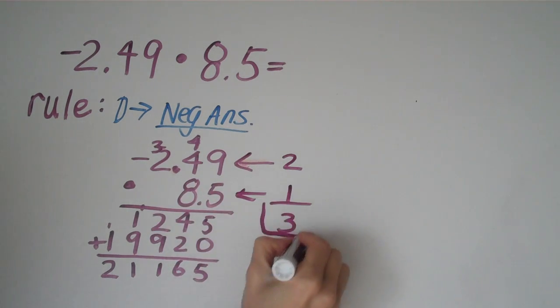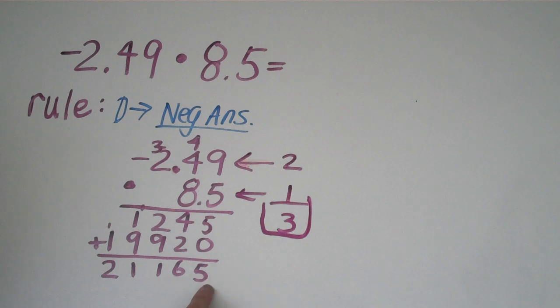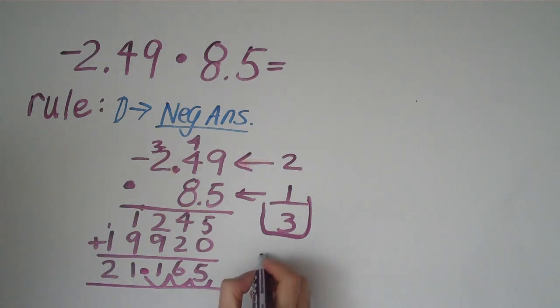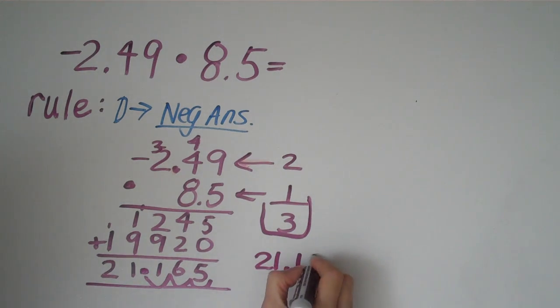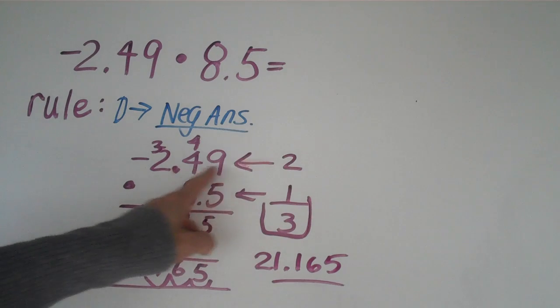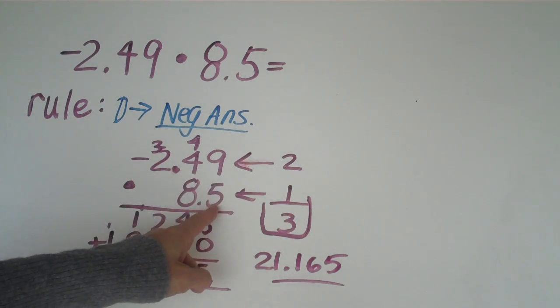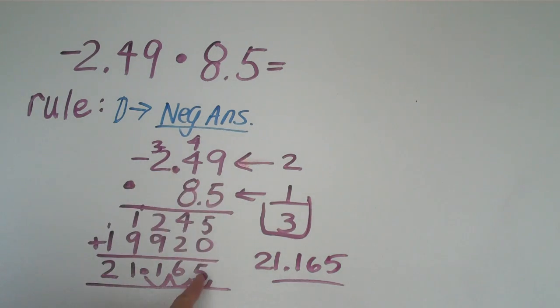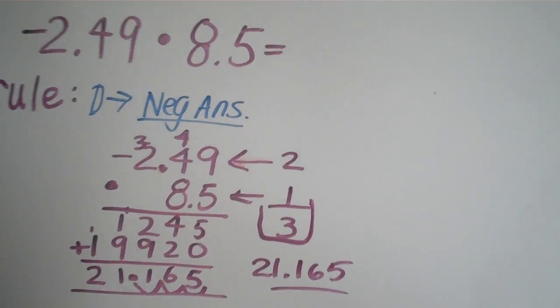That information is important because in our final answer, we're going to start from the right and go 1, 2, 3 spaces and put our decimal right there. And that would be our final answer. So the final answer would be 21.165. Okay, so it's a matter of starting from the right and counting over the decimal places. 1, 2 here, plus 1, you get 3 decimal places, so we're moving over 1, 2, 3 and putting in our decimal.